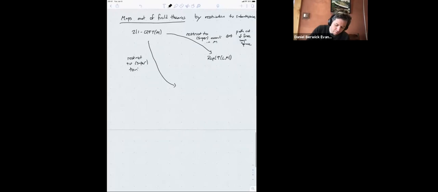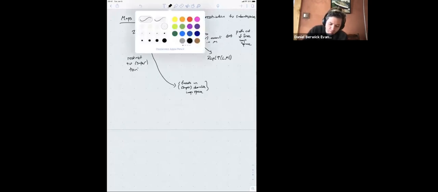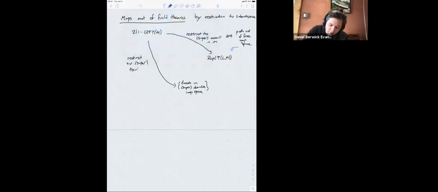So you're going to end up with functions on the super double loop space. Okay, so just in pictures up here, we're looking at cylinders mapping into M. Over here, we're looking at tori mapping into M.